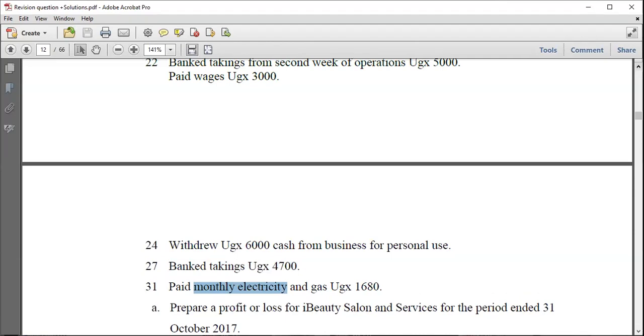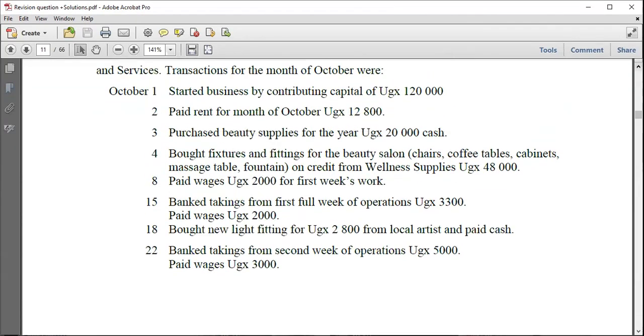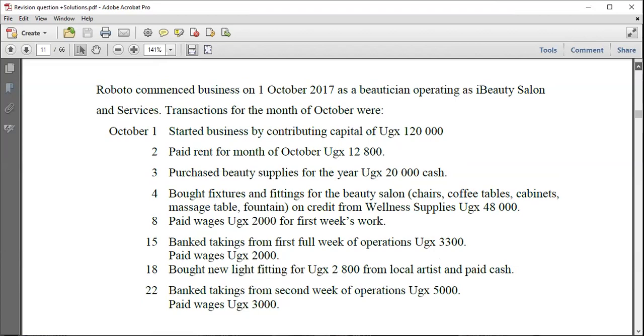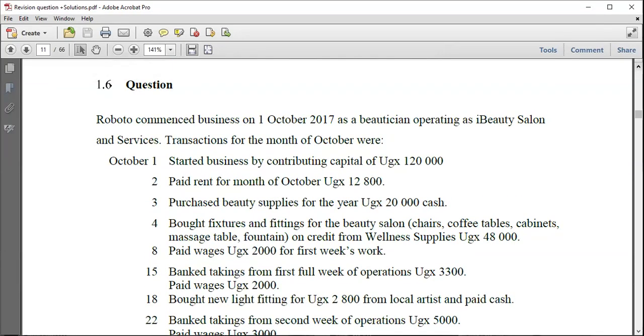So we debit expenses when they increase, and then we credit our cash that was used for making the payment.